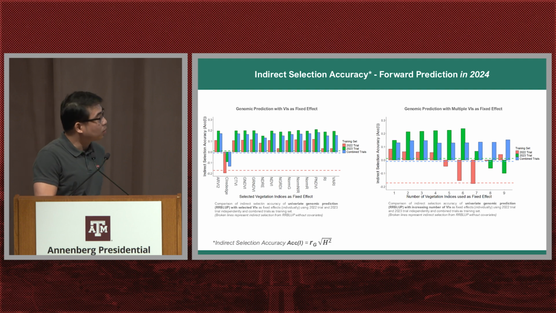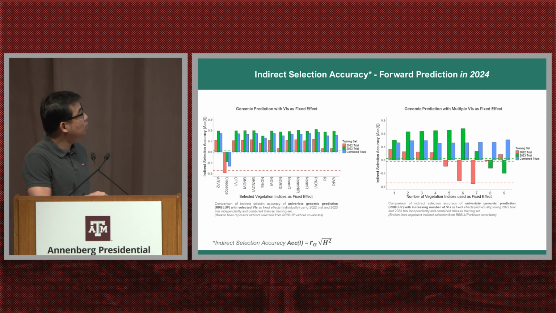But earlier in the predictability, we see that as you increase the number of VIs going into the model, you just see decreased predictability all throughout. And here, there are different patterns depending on the trial that we used as training set. Using the 2023 trial, you see a sudden increase using just 2 VIs, reaching around 0.25 or 0.24 in here.